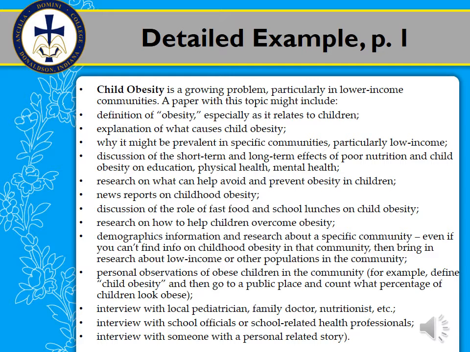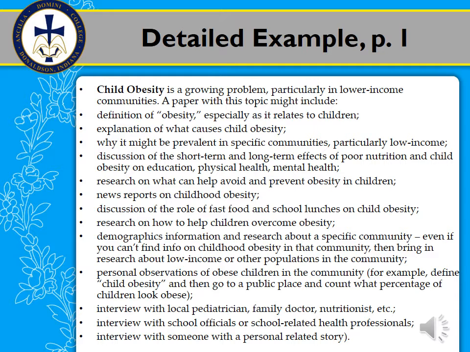So you could include a basic definition of obesity, especially as it relates to children, an explanation of what causes child obesity, why it might be prevalent in specific communities, particularly low income. And that would be where you might start hinting at or giving some more information about that specific community. We'll get into that more later.